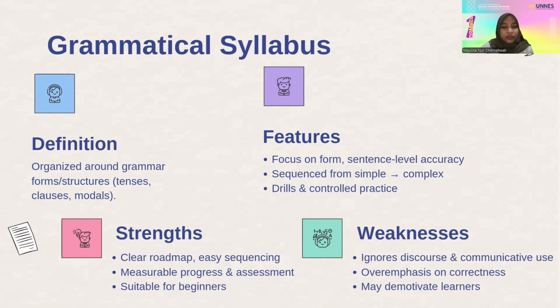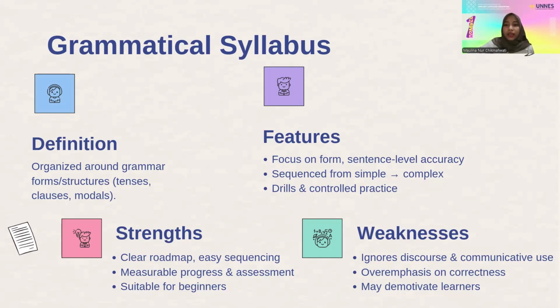Then in week 3, we can teach past simple tense with activities like telling a personal story. So, in other words, it sequences from simple to complex, with drill-centered practice. Grammatical syllabus has some strengths, like it gives a clear roadmap and easy sequencing.